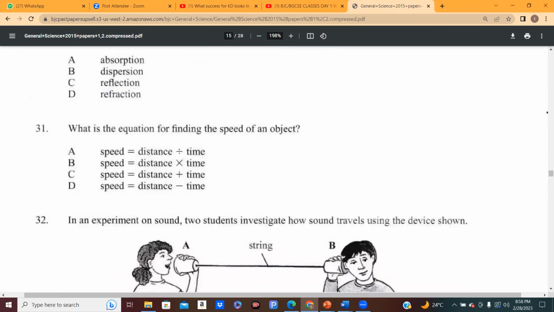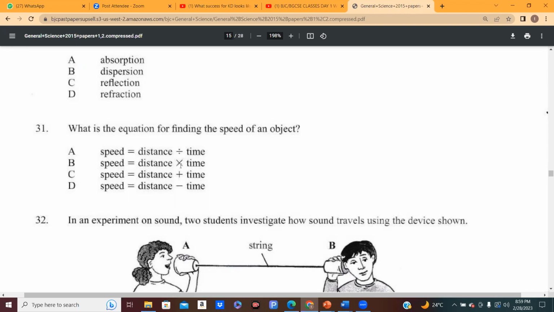Miss Neely, this is for you. What is the equation for finding the speed of an object? Is it A, B, C, or D? B?